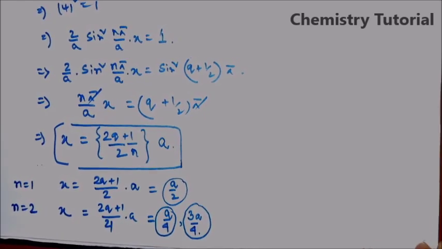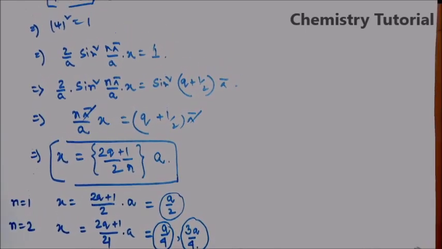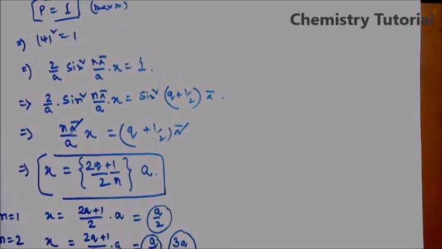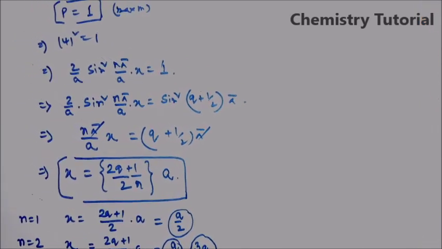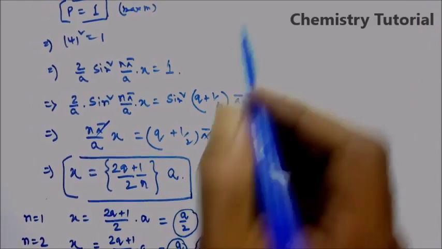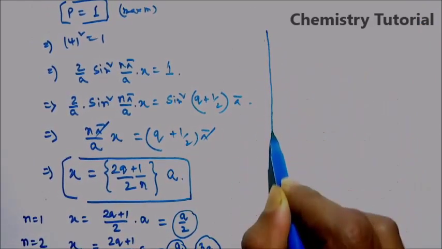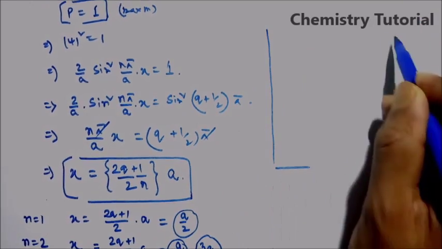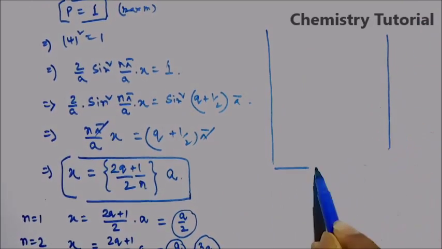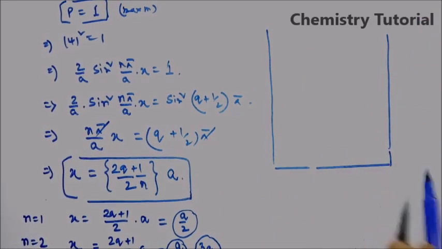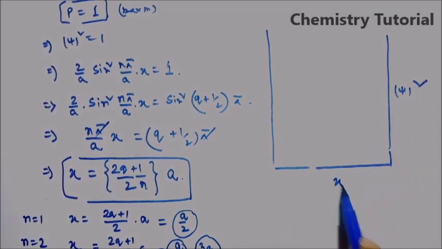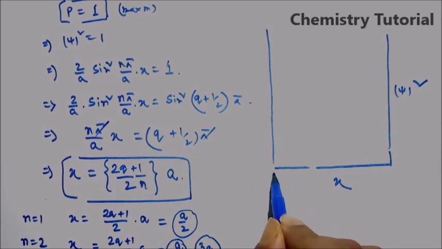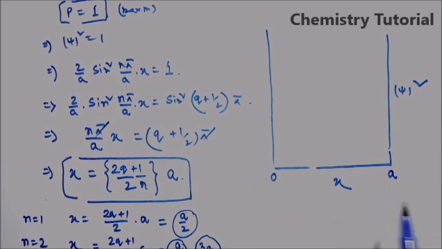So let's draw the graph of probability versus dimension of the box. Suppose this is the one-dimensional box. If we put the probability this way and the dimension this way, this point is 0, this point is a.